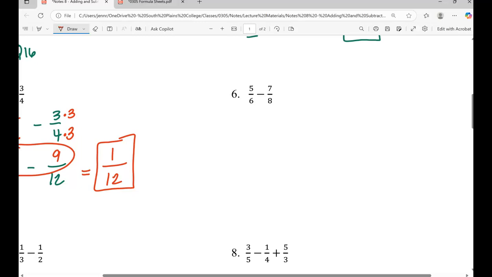One more. Hopefully you have paused this video and tried it. Least common multiples. So for 6, 12, 18, 24, 30, I could keep going. In my 8 list, 8, 16, 24. Oh, look at that. 24 showed up twice. You could also be using your formula sheet to help you with this.